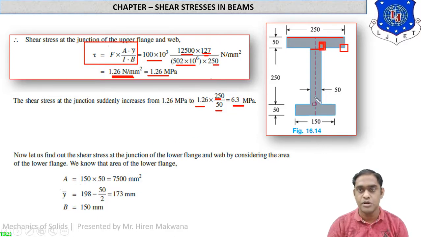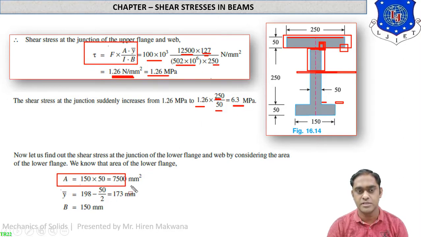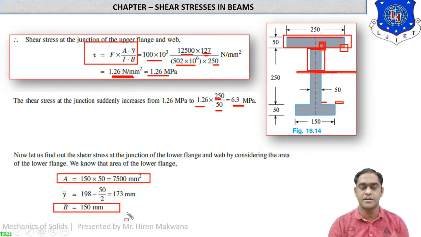Okay. Now similarly you can find the center of gravity shear stress, this value, this value. So if you want to find the shear stress at this layer, then you have to mark the areas above that. So this will give you A1Y1 and A2Y2. Okay, so these are the corresponding areas, 150 into 50, and all the values are clear with this method.